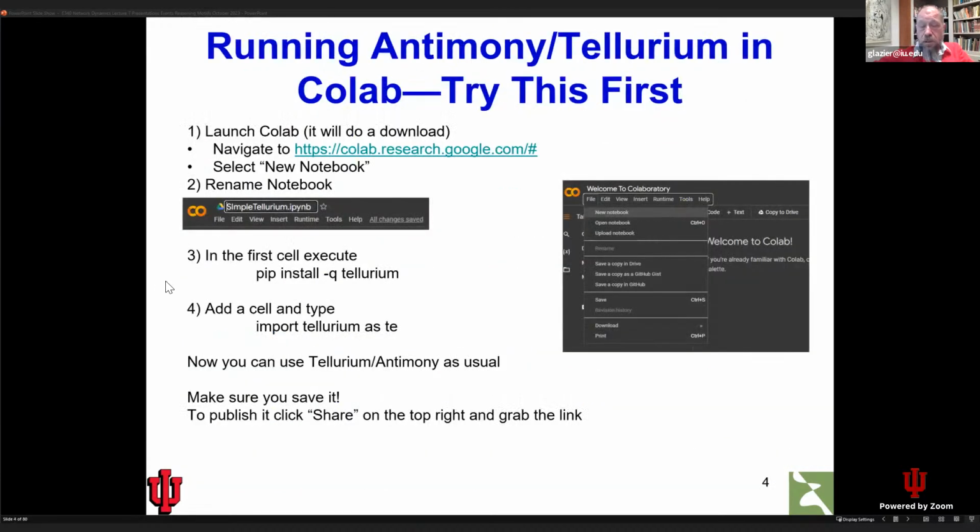So I wanted to talk about Colab. I know a few people are using Colab already. We've had some issues with Tellurium on NanoHub. In particular, the Tellurium on NanoHub is an older release, and it also has limited availability of IPy widgets for doing user interface, because NanoHub only supports a subset of IPy widgets.